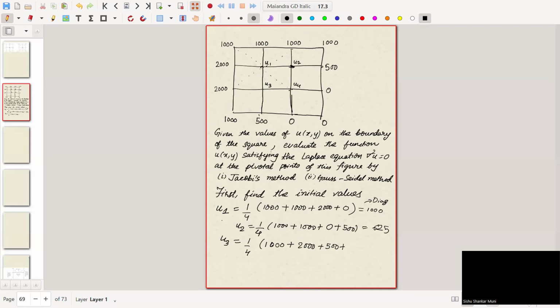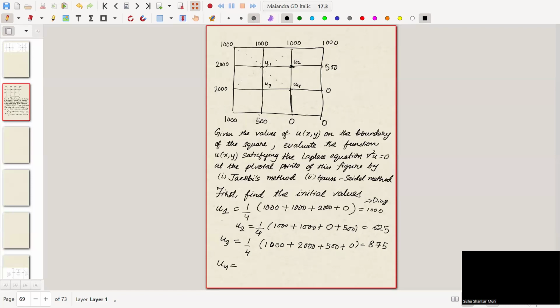U4 we don't know, so set it to 0. What value now? Now you can find U4.